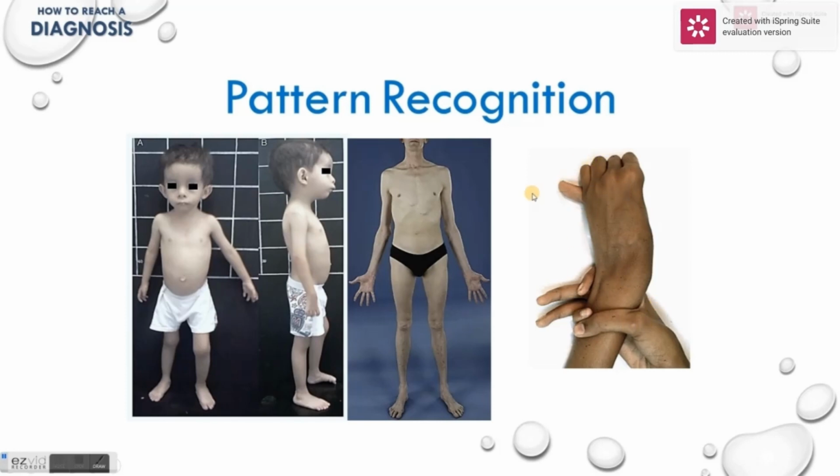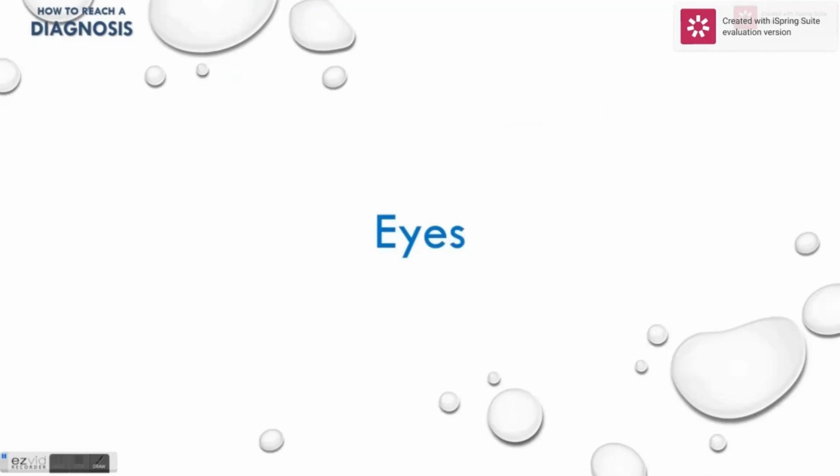This combination of anomalies or findings makes the diagnosis of Marfan. Even if you don't know the diagnosis, but you were able to recognize the arachnodactyly, the tall stature and these thumbs, and you put them in a search engine like Google, it will give you a diagnosis.